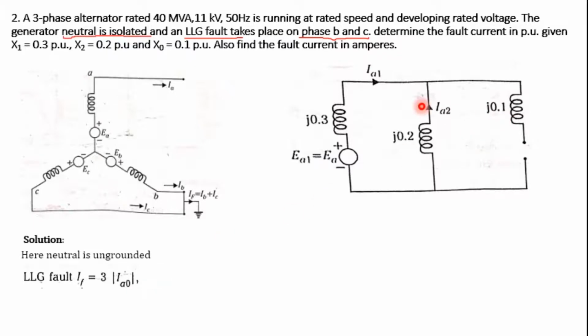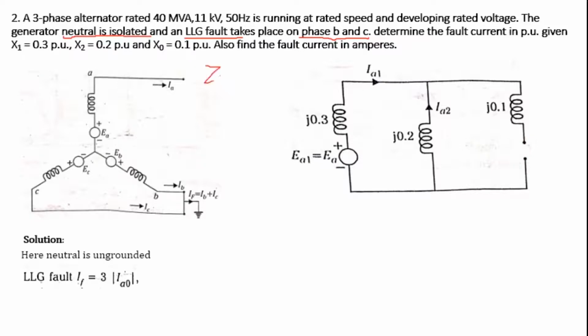For the double line to ground fault, the positive, negative and zero sequence networks are connected in parallel. But here we need to see that the neutral is ungrounded. So what will happen here? The actual operation, we know that.